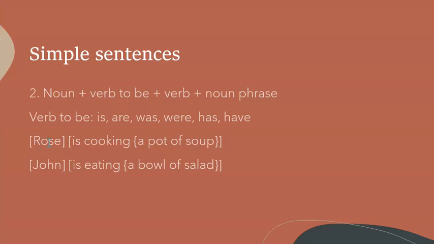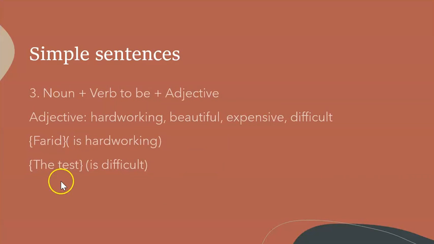In the second sentence here, you have the subject John. What is John doing? Eating. Eating what? A bowl of salad. So the predicate explains more about the subject. So this is the second way of writing a simple sentence. Now, the third way of writing a simple sentence is you have a noun, verb to be, and an adjective.